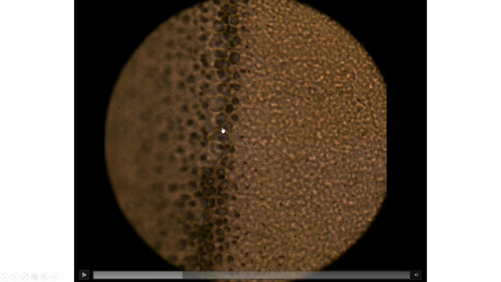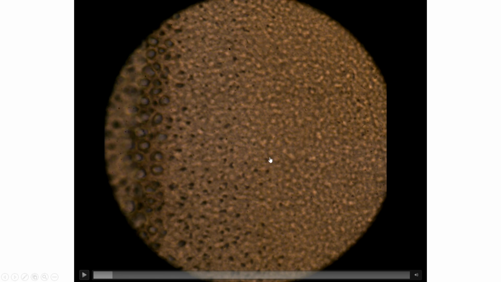The tensile load is maximum, very clear in this region, and then it propagates to the right. These cavitations or finger-like structures appear. There is a length scale associated with that.